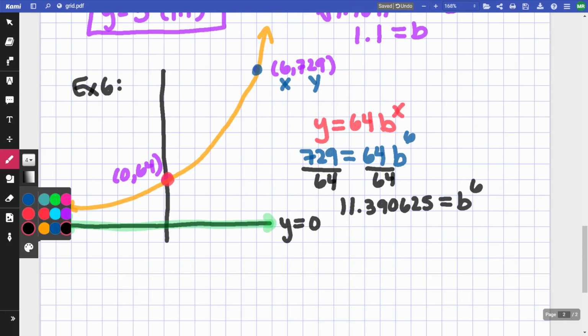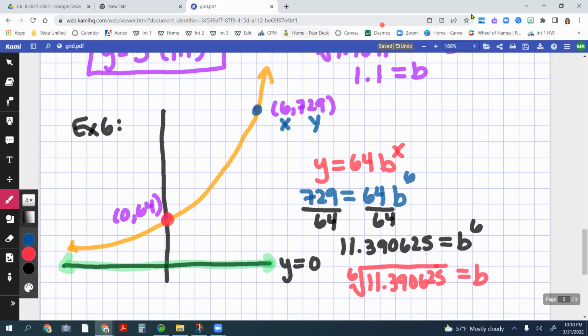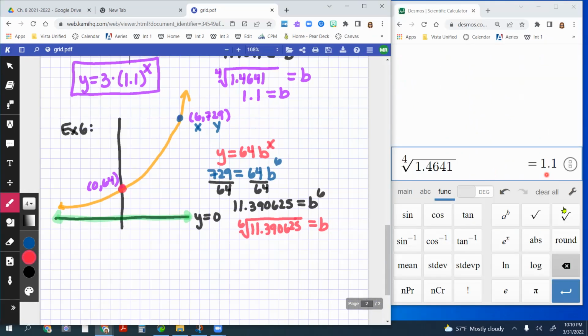And then I'm going to take the 6th root, because it was a 6th power, of 11.390625 to get my b. So when I do that, let me just move this out here. Clear this.